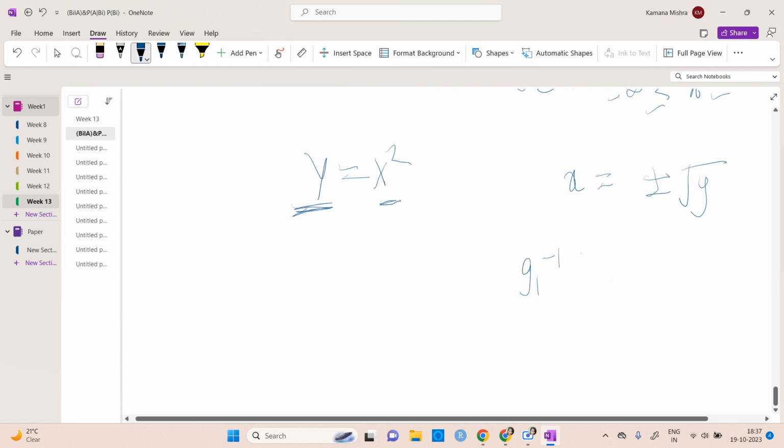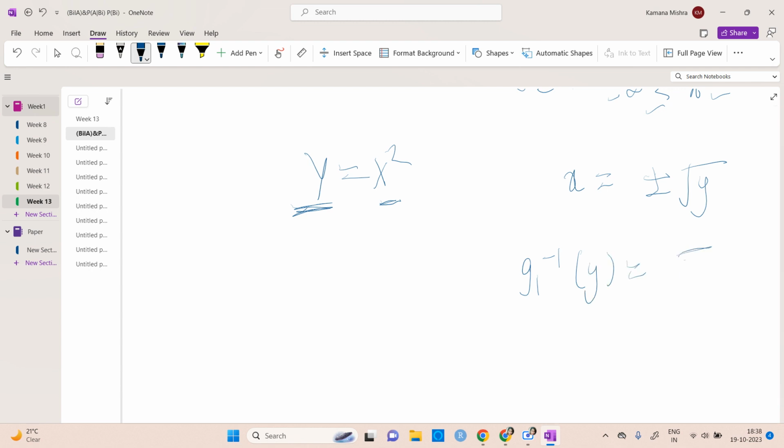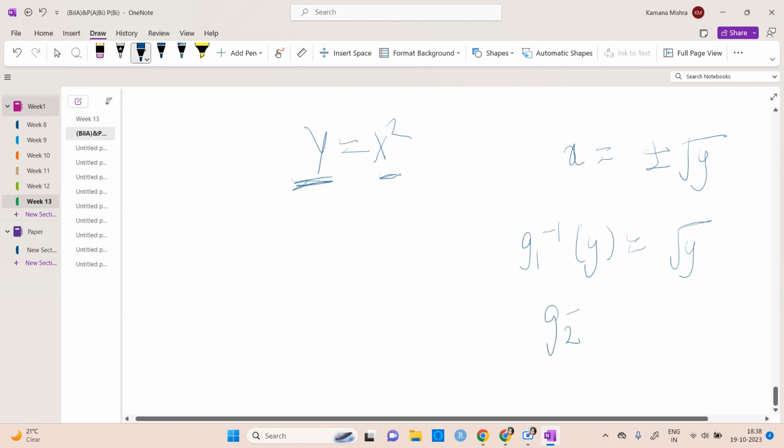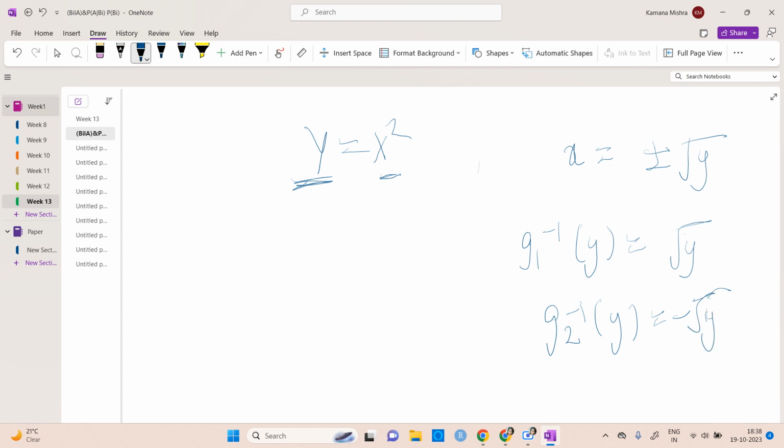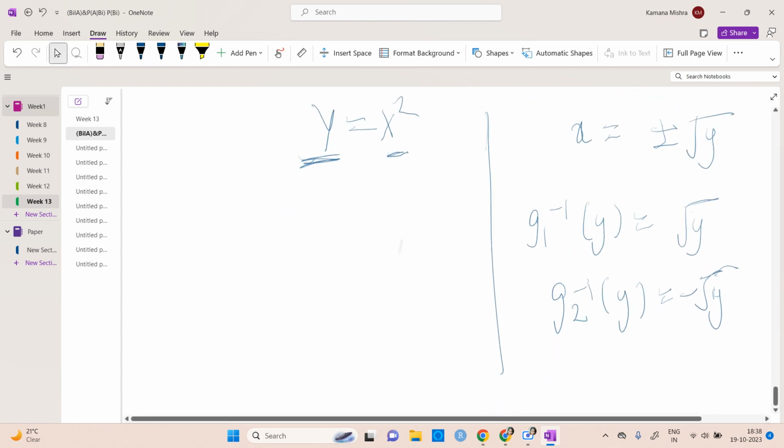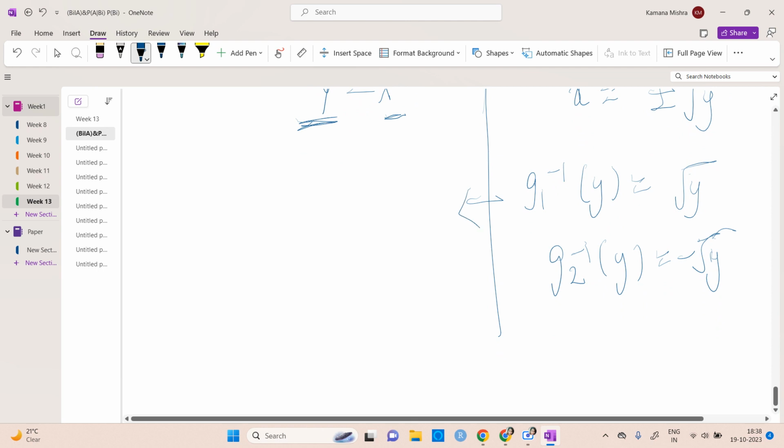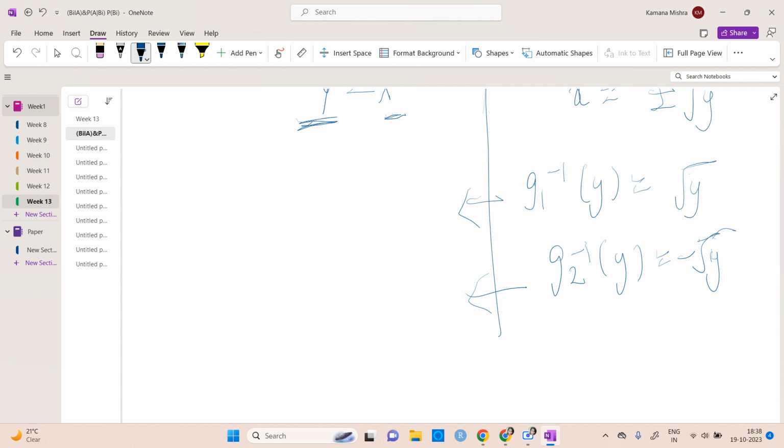We say g1 inverse of y is equal to root y, because there are two functions, and then g2 inverse of y is equal to minus root y. These are two functions that you can find directly, and then we take the differentiation of each. The derivative of this would be 1 upon 2 root y, and for this it would be minus 1 upon 2 root y.